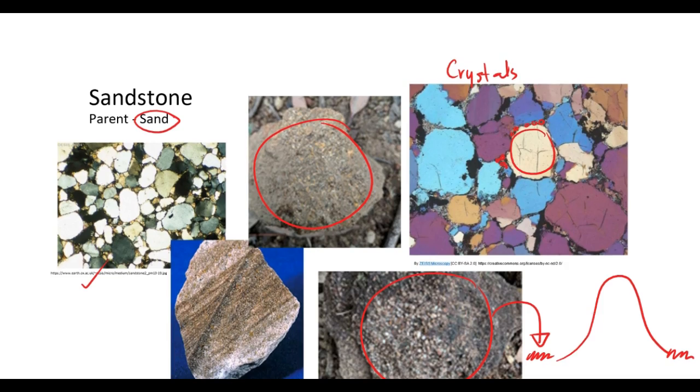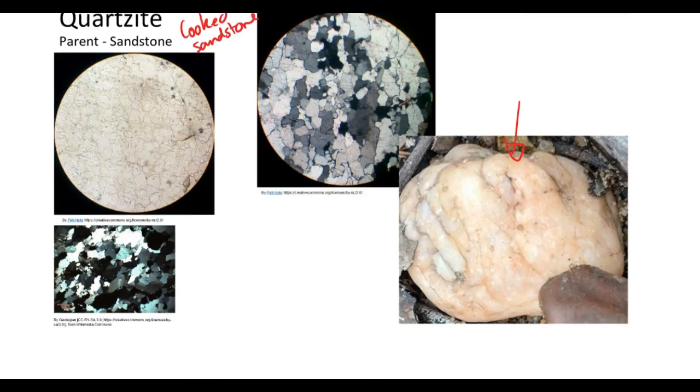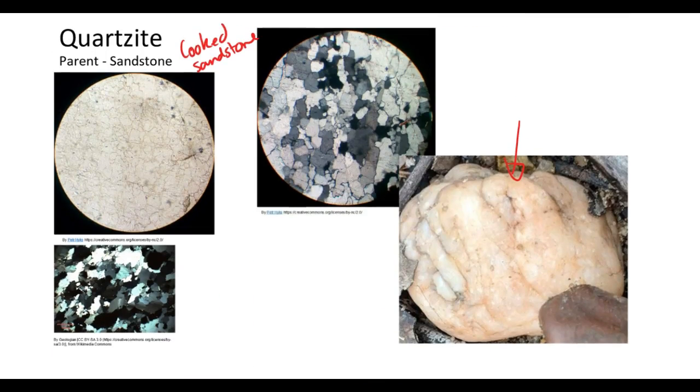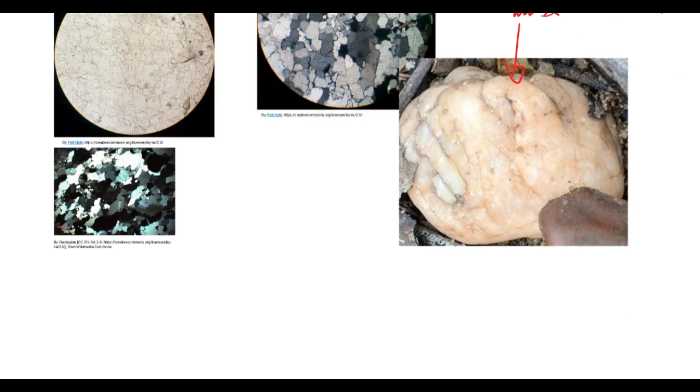So this is what it used to look like, and this is what it looks like when you expose sandstone to heat, and it fuses the crystals together and makes quartzite. So quartzite is essentially cooked sandstone, and again you find this all the way around the Glasshouse Mountains. If I found the sandstone here, I think we found the quartzite somewhere up there. Okay, so we've got quartzite and we've got sandstone around our Glasshouse Mountains.